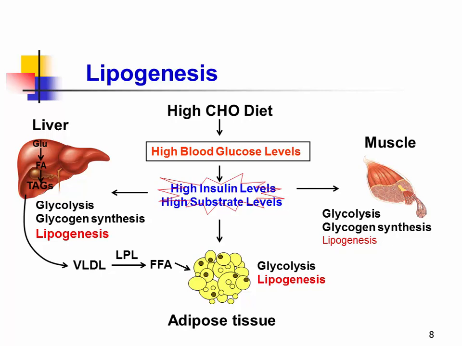So the triglyceride synthesized from fatty acids, initially from carbohydrate or protein in the liver, needs to be transported to adipose tissue for storage. This transport process requires a group of proteins called lipoproteins.